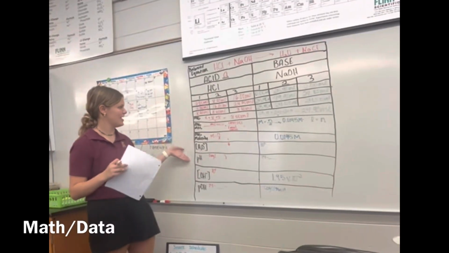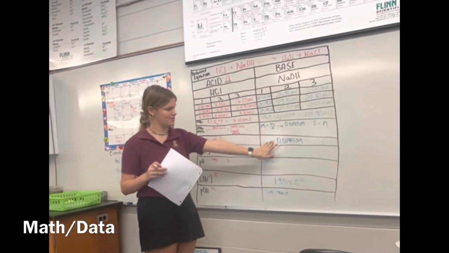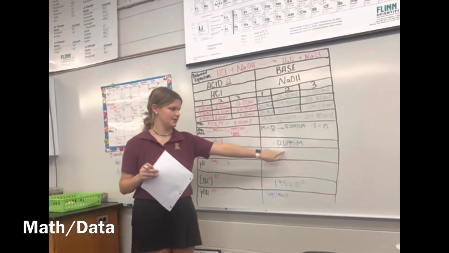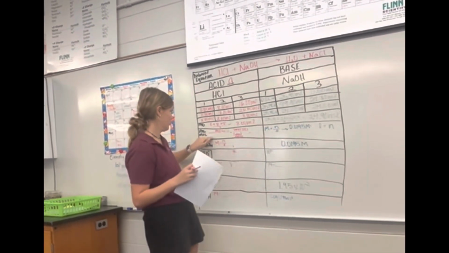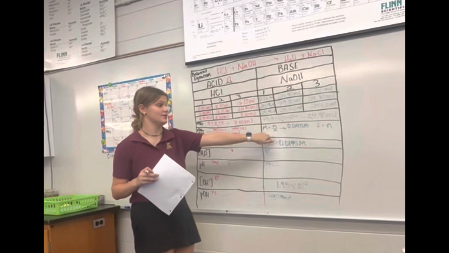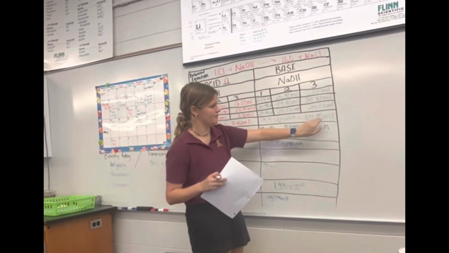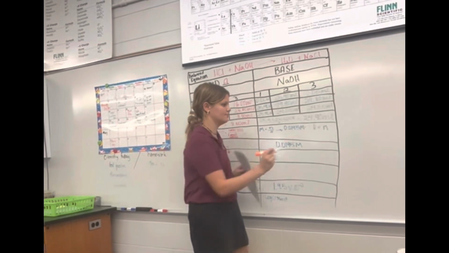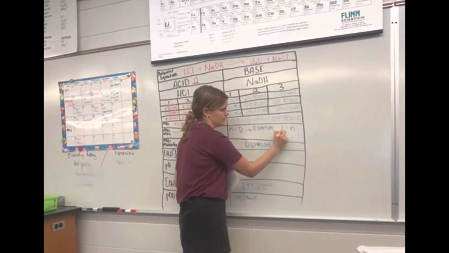To find the pH of acid A, we need to start with the base. We know that the base average molarity is 0.0195. So that is the molarity we're going to use to find the average moles used. Our average volume used was 24.90 milliliters. But in order to find the moles used, we have to convert to liters.